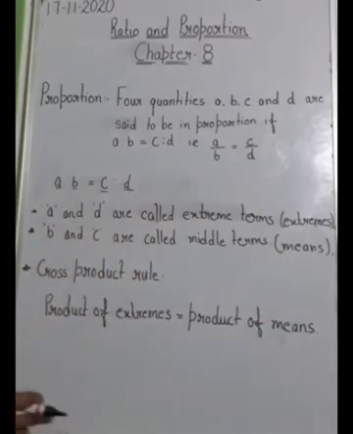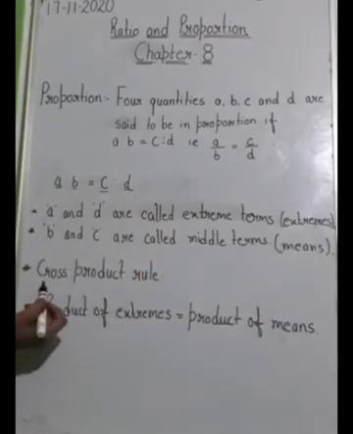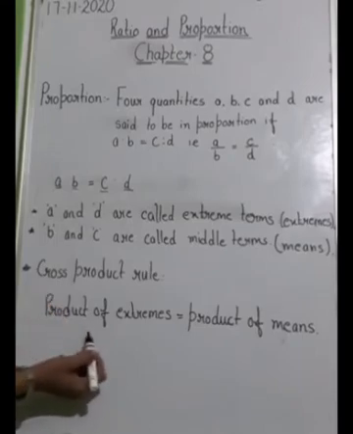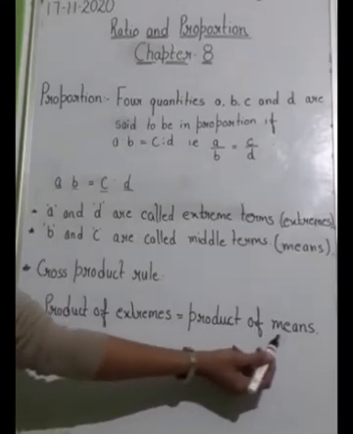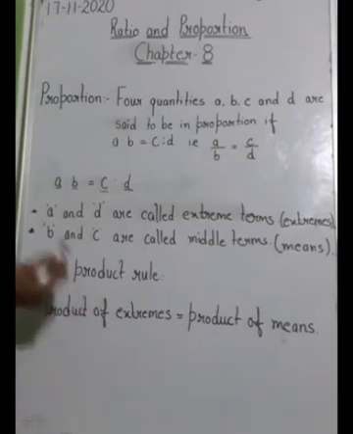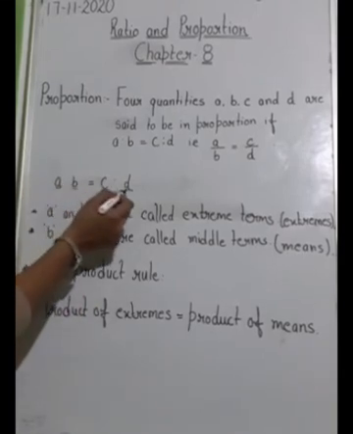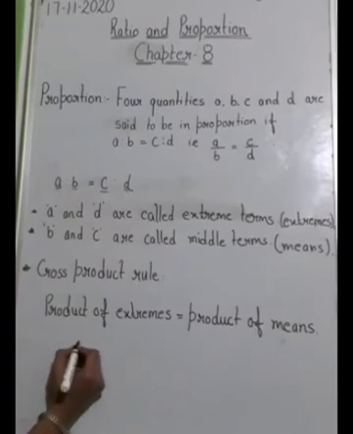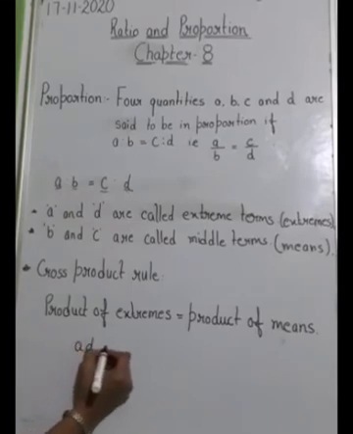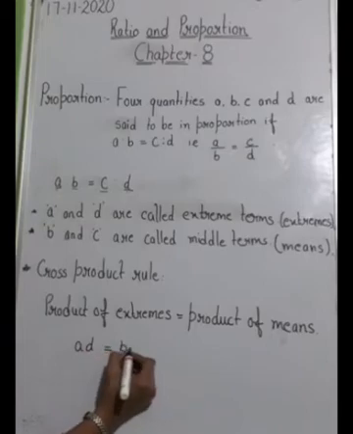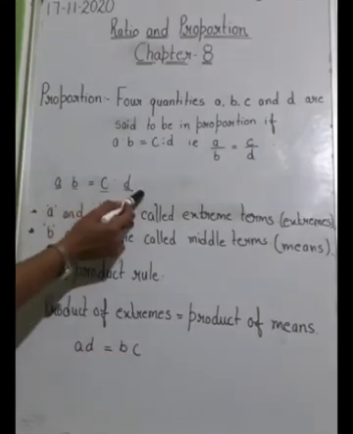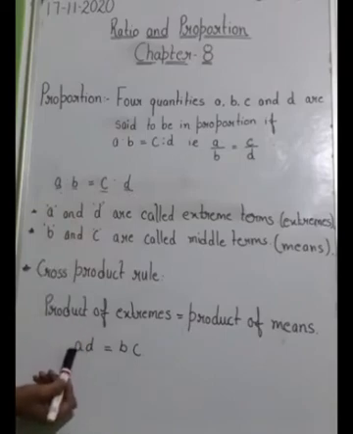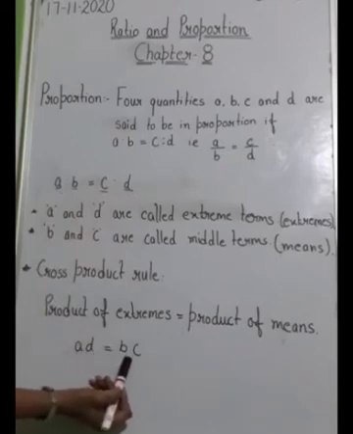Clear? Now we have a cross product rule. What is the cross product rule? The product of extremes is equal to the product of means. Now which are your extremes? I told you, the terms on the corners. It means A into D is equal to B into C. So if four quantities are in proportion, then the product of extreme terms must be equal to the product of their mean terms.